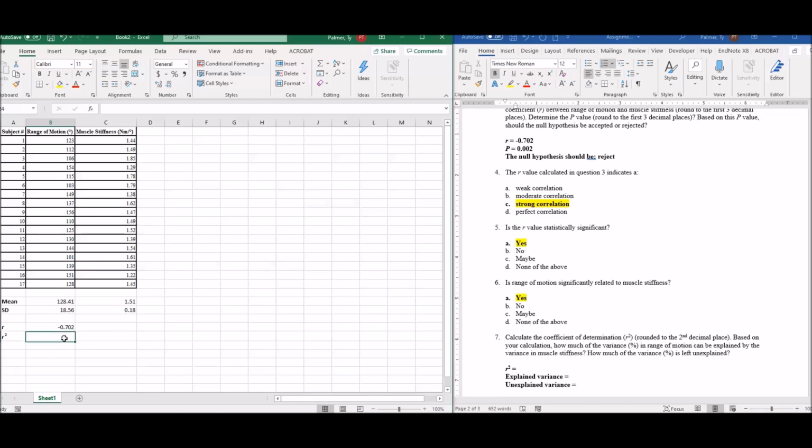So let's do that in Excel. All you have to do is click on the cell next to our label for the coefficient of determination. Hit equals on your keyboard. Click on your R value that you calculated up above, in this case negative 0.702.